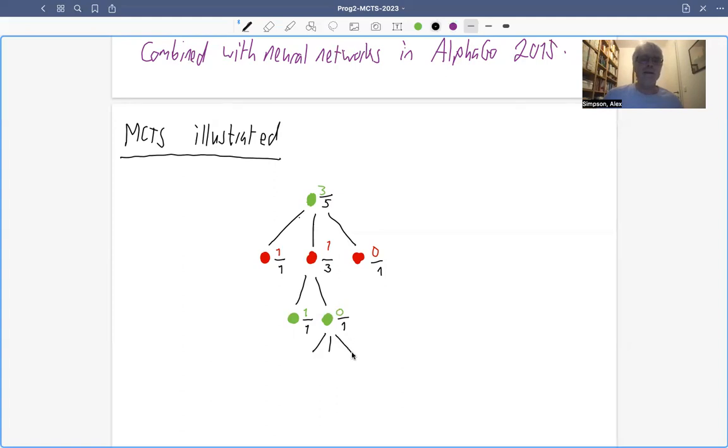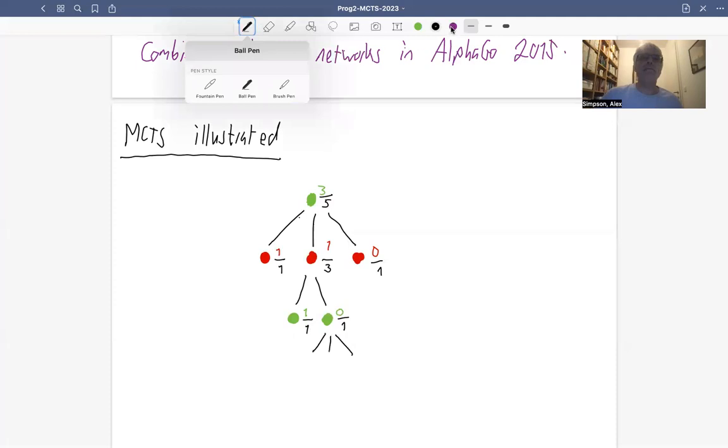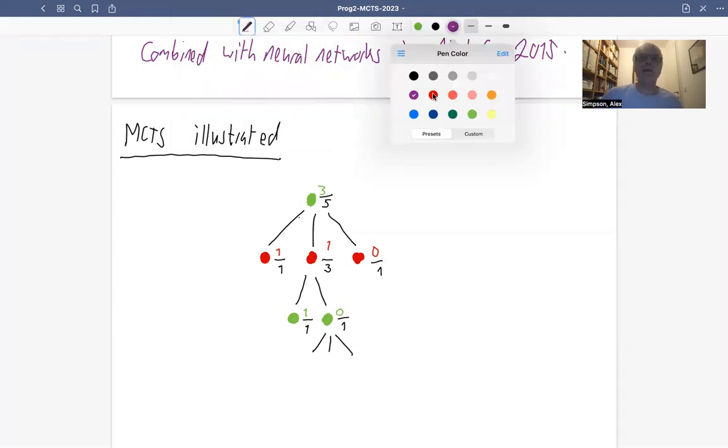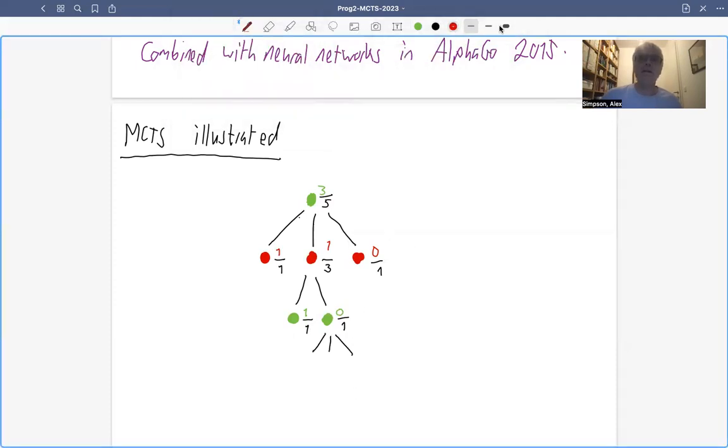We then pick a random child that we haven't yet visited. It's going to be a red one. So suppose it's this one maybe. And we play a random playout. Again, a sequence of random moves until we finish the game, resulting in, let's say, a win from red.